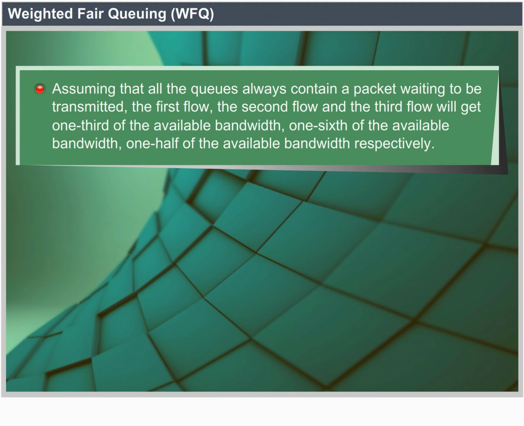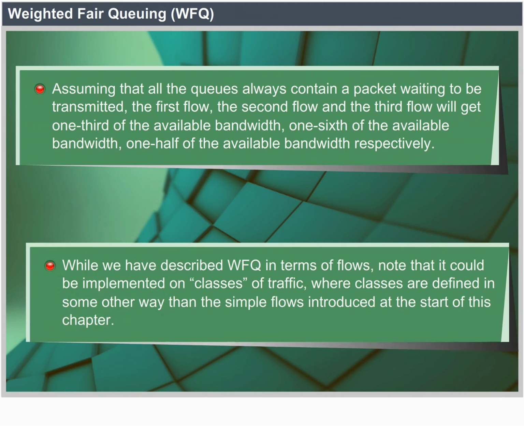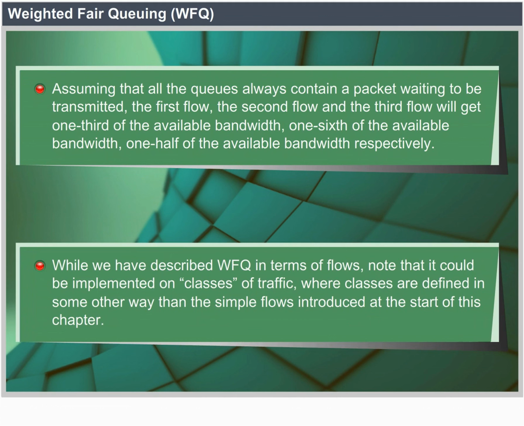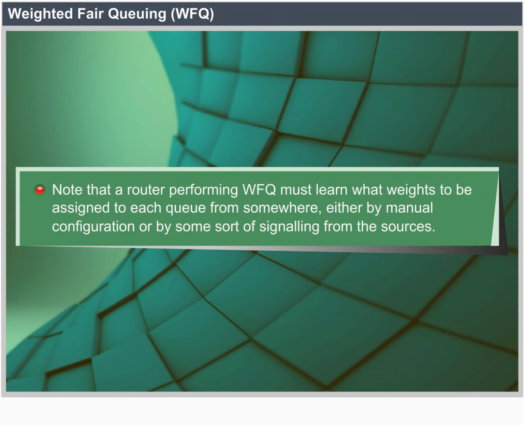While we have described WFQ in terms of flows, note that it could be implemented on classes of traffic, where classes are defined in some other way than the simple flows introduced at the start of this chapter. Note that a router performing WFQ must learn what weights to assign to each queue from somewhere, either by manual configuration or by some sort of signaling from the sources.